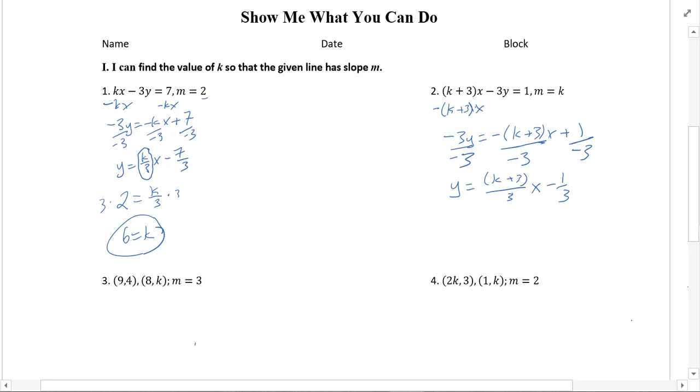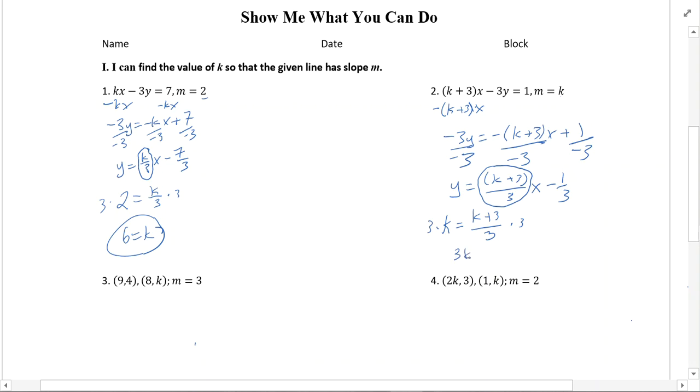And again, we want to identify m, or the slope, which is all of this right here, the coefficient of x. Since m is equal to k, I can substitute and set them equal to each other. So k equals k plus 3 over 3. The first thing you want to do is get rid of the 3 in the denominator. So I'm going to multiply 3 to both sides.